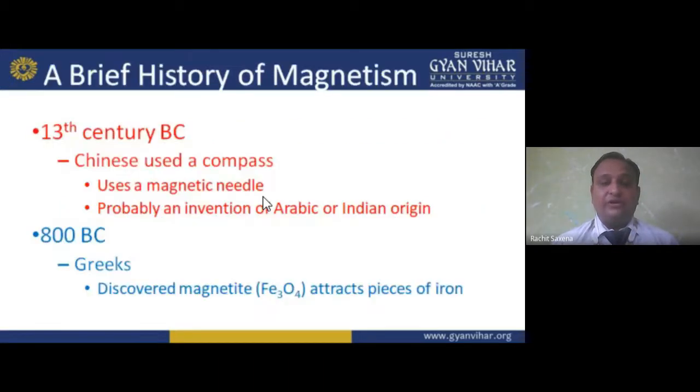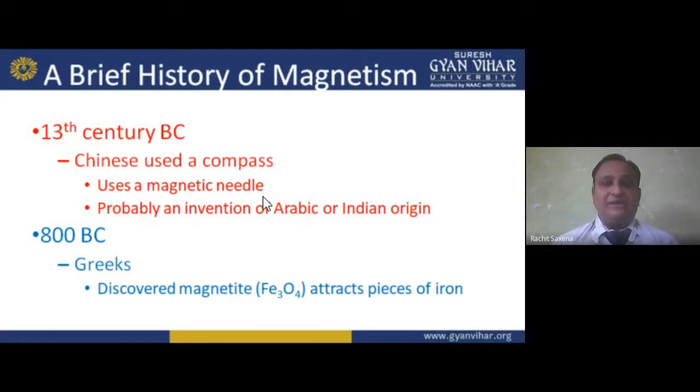Now move forward. If I'm talking about history, my dear students, a brief history of magnetism. The word magnetism came from magnet, and in a magnet we know attraction and repulsion. What is a magnet, my dear student?